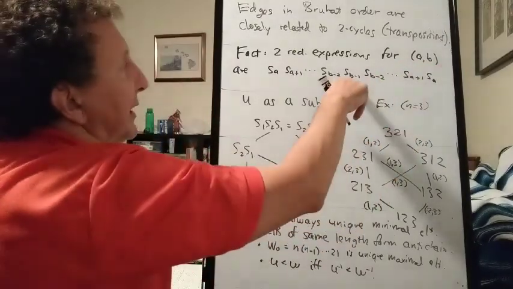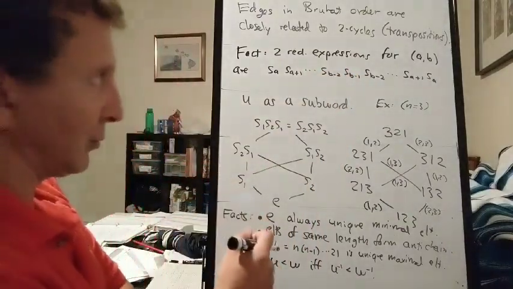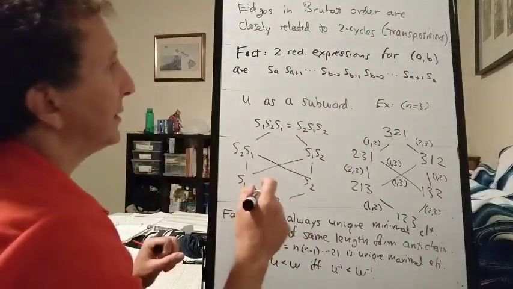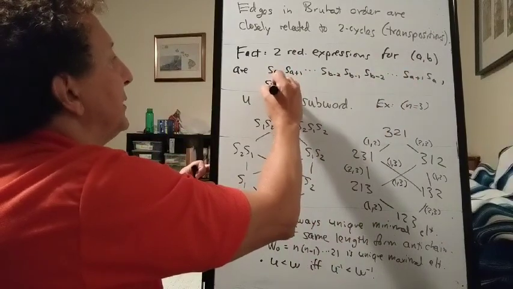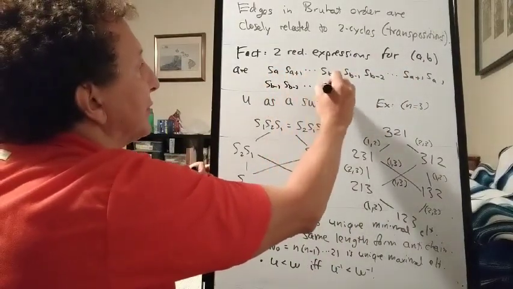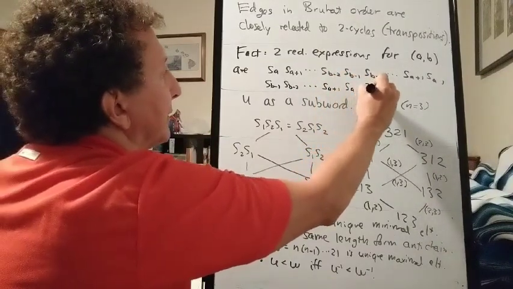Now we don't need to go up to SB because that would swap letters in positions B and B plus 1. But we don't want to touch B plus 1. Another expression is SB minus 1, SB minus 2, all the way down to SA and then back up again.